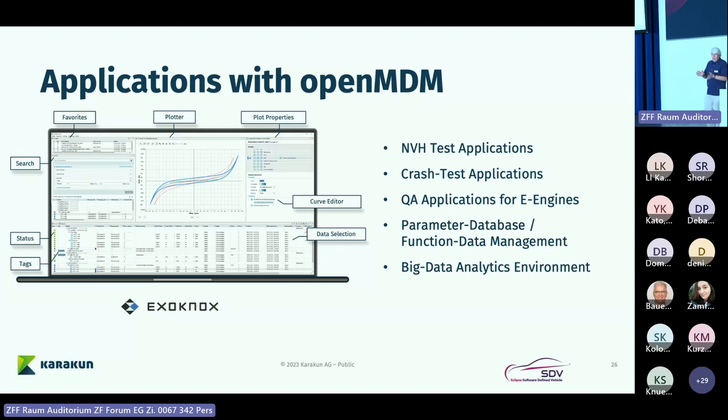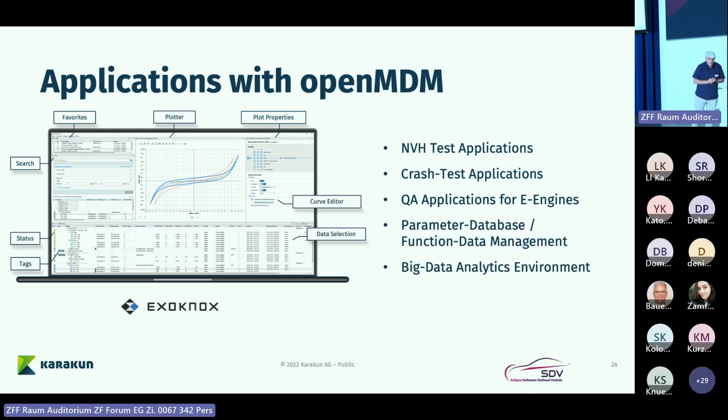OpenMDM is live and in production. There are NVH test applications running at various organizations. There are crash test applications running in various organizations. There are QA applications for e-engines in production. There's one product I was able to show the screen for, because it's our product.